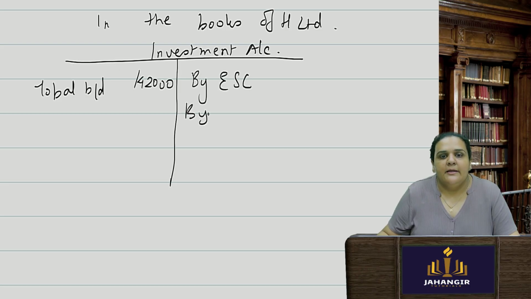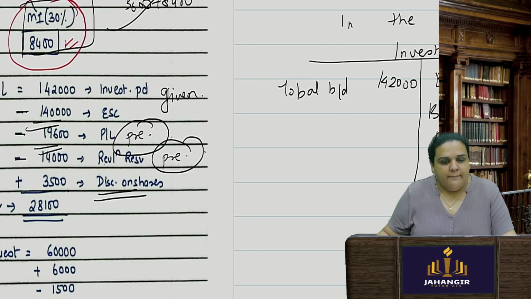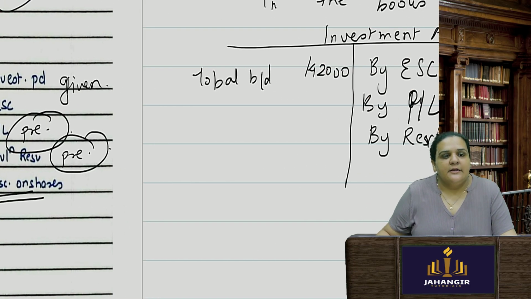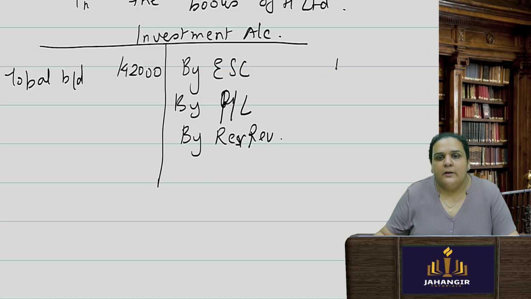Then I got by P&L account. Then I got by revaluation reserve. All this amount I got. Equity share capital 1,40,000, 19,600 and 14,000. So 1,40,000, 19,600 and 14,000, right? That is all.